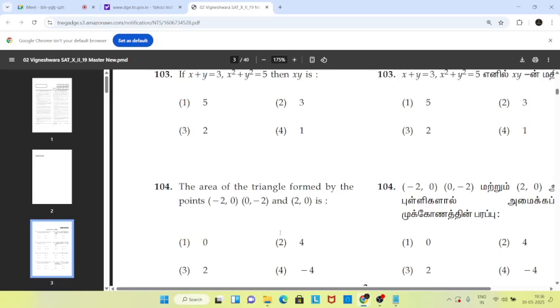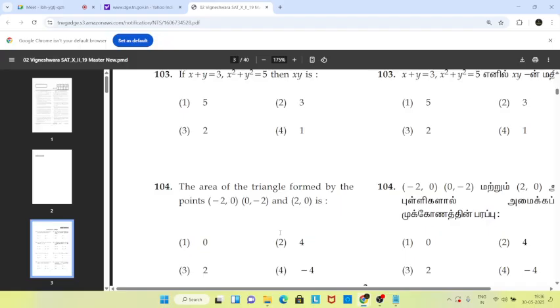See, when you draw a triangle, (-2, 0), okay, and then (0, -2), okay. (-2, 0) will be on the x-axis, (0, -2) will be on the y-axis, and (2, 0) will be on the x-axis on the other side.